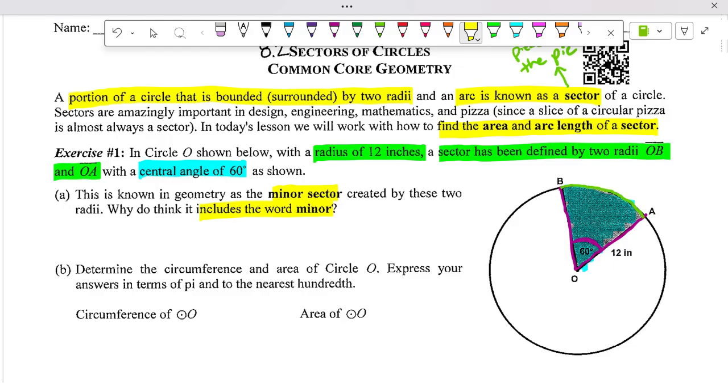Remember when we talked about those? Minor arcs are less than 180 degrees. Same thing with minor sectors. The angle that forms them will be less than 180 degrees.